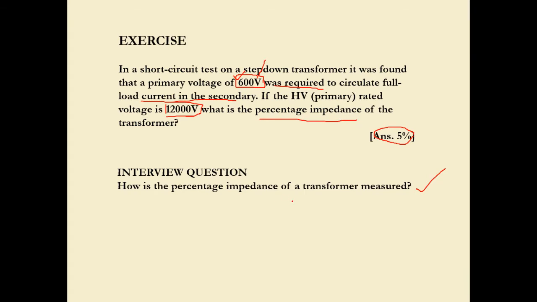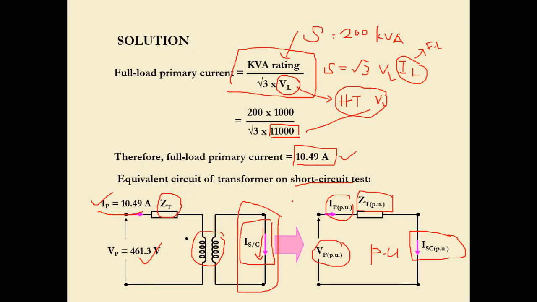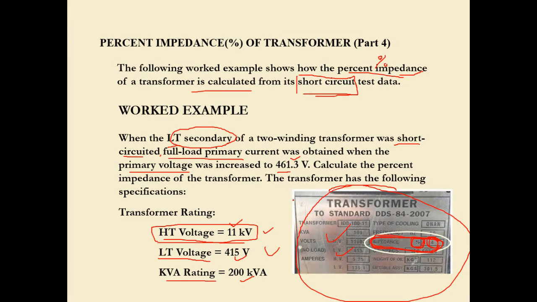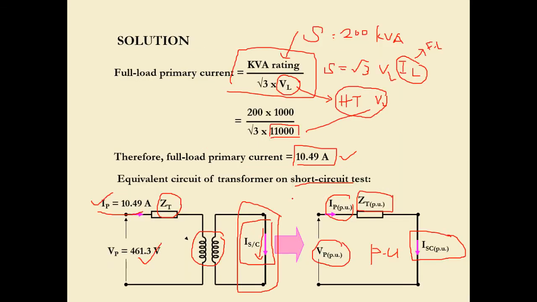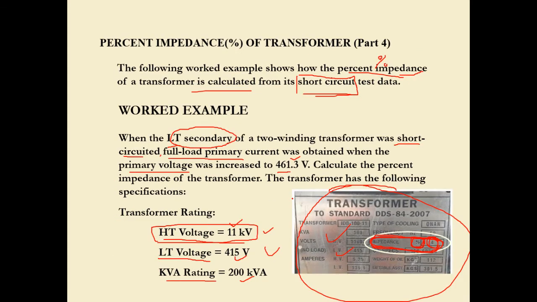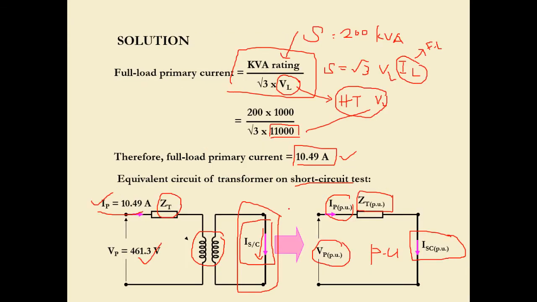So you may go back to this slide and this slide in order to answer the question. Make sure you short circuit the secondary terminal, or the secondary output of the transformer, before you get the full load current flowing in the primary part of the transformer, etc.